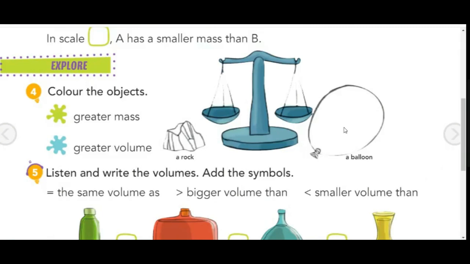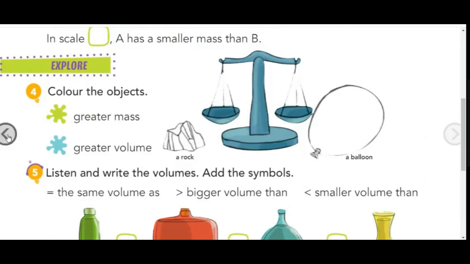Think a little bit about what is mass and volume. If you think that the rock has got greater mass than the balloon, color in green. If you think that the rock has got greater volume than the balloon, you have to color in blue.